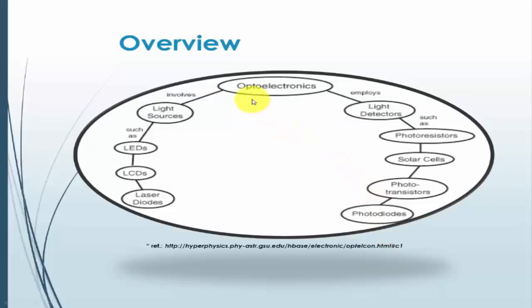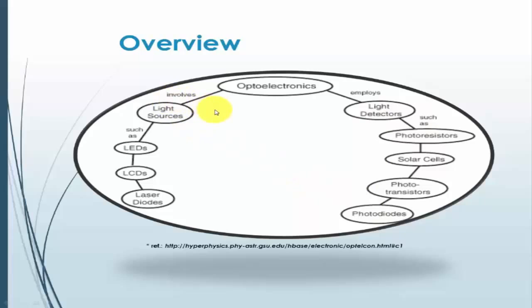As we can see here, we have optoelectronics, and they involve light sources such as LEDs and laser diodes and other types, and optoelectronics employs light detectors such as solar cells and photodiodes. And what do we mean here by involves and employs?